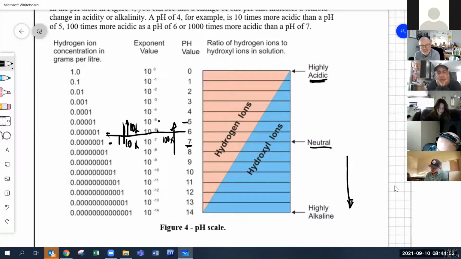So I just want you to see the level of hydrogen ions in each number associated with it. That's what it's trying to tell you. Okay, does that make sense? All right. And as you go up toward alkalinity, it's 10 times less. Every step, every number on the pH scale is 10 times less hydrogen ions. So that's what I wanted to point out there.